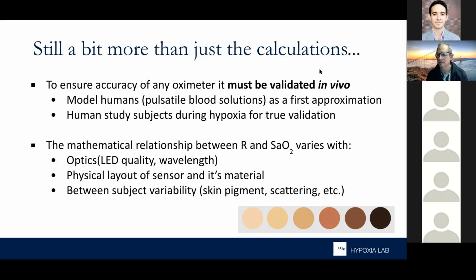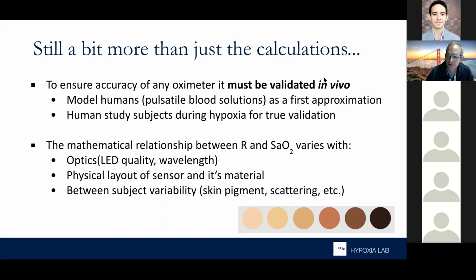And despite lots of development of benchtop models of human blood, it remains in 2021 necessary to do testing in living humans, to make humans hypoxic and to draw blood samples and to compare the true saturation measured with a heme oximeter with the value from the pulse oximeter. Then the pulse oximeter's algorithms are calibrated to accurately reflect the oxygen saturation.